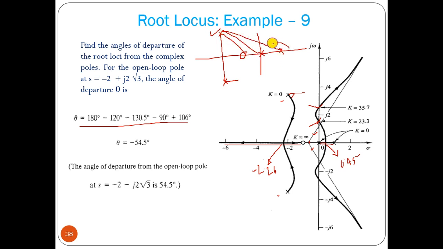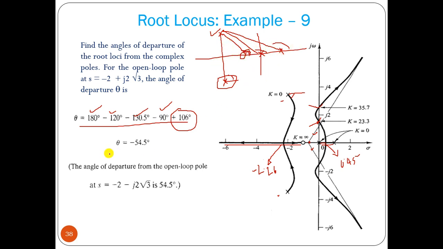So this is the angle 1, 2, 3 and this is 4. So what we will have, 180 degree minus 90 degree for this pole. Then for the zero, that should be plus, this is for the zero, and these two angles for these two poles. What you can do, 180 degree minus tan inverse b by a, that you have to perform.